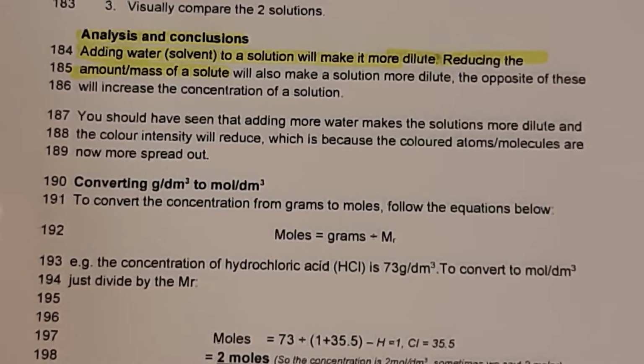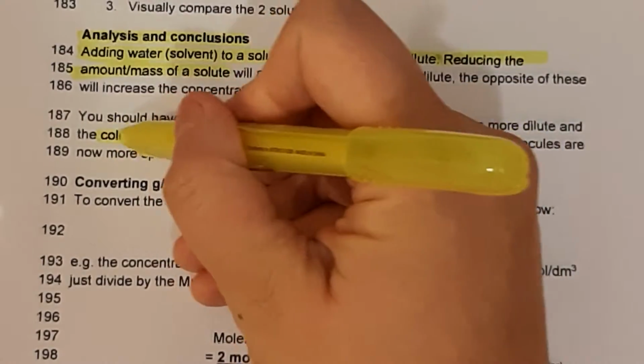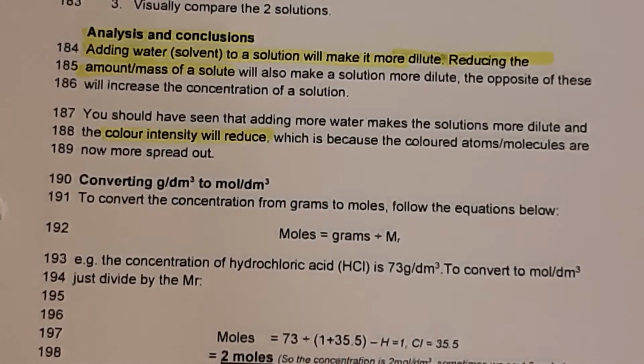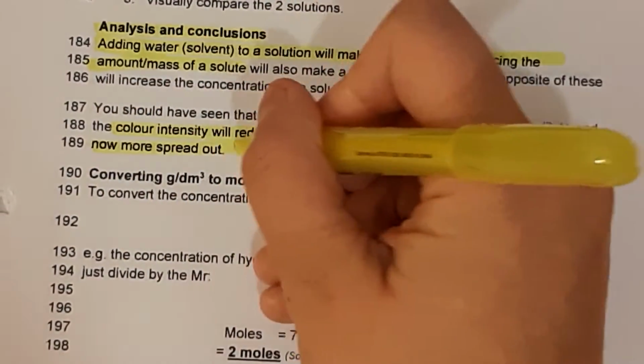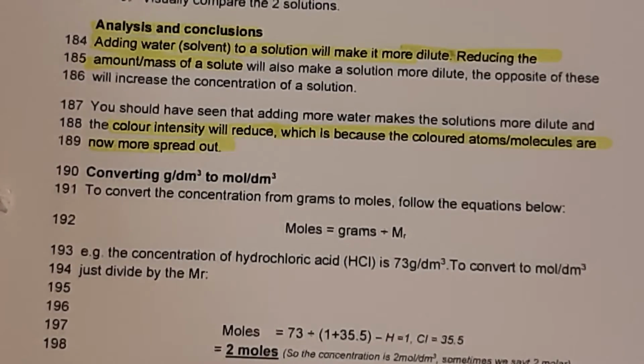You can make it look really dark purple, or a deep colour. But if you add too much water and it becomes too weak, it's going to look a very pale pink colour, because it's become more diluted and the colour intensity has reduced. That's just because the colourful particles making the colour are more spread out, because there's a lot more water and they're dilute and spread out within that water.